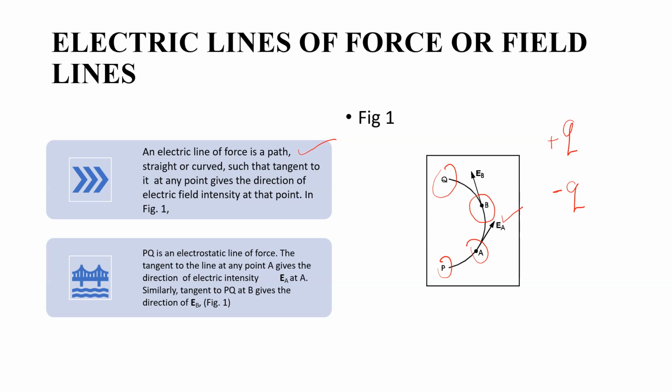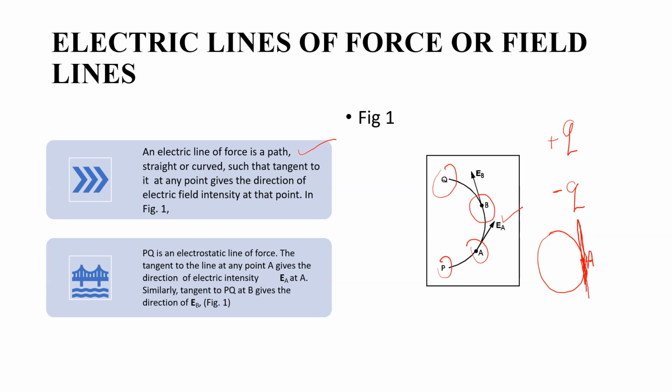Now, I hope you are aware of the tangent. For example, if we have a circle, a tangent is a line that touches only the outermost point, just this point.